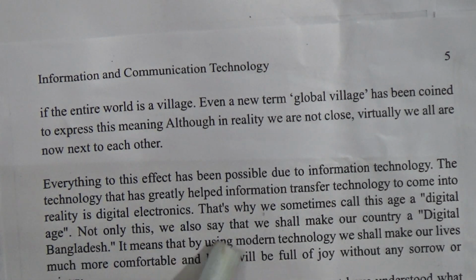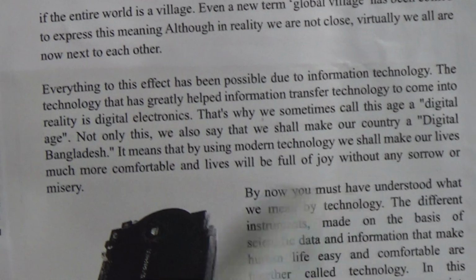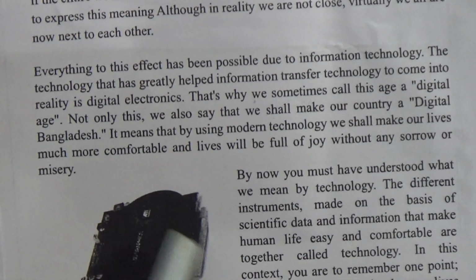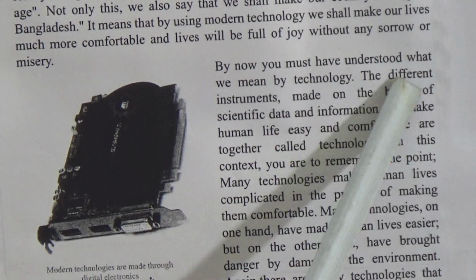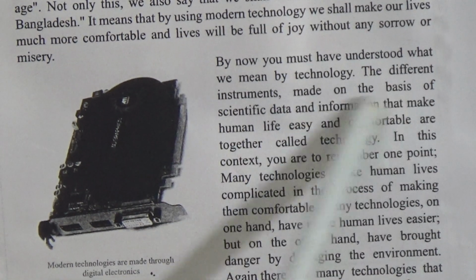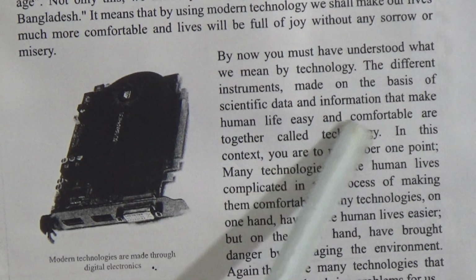It means that by using modern technology, we shall make our lives much more comfortable and full of joy without any sorrow. But by now, you must have understood that by technology we mean the different instruments made on the basis of scientific data and information that make human life easy and comfortable.